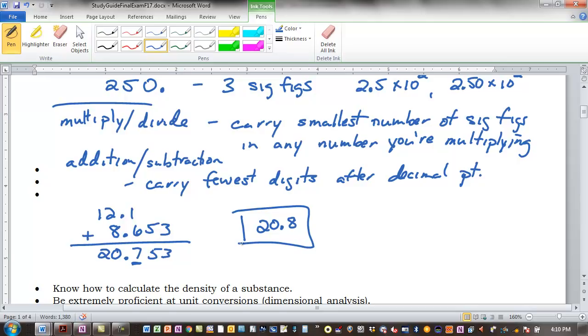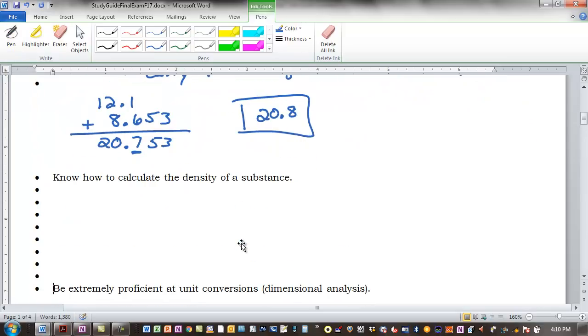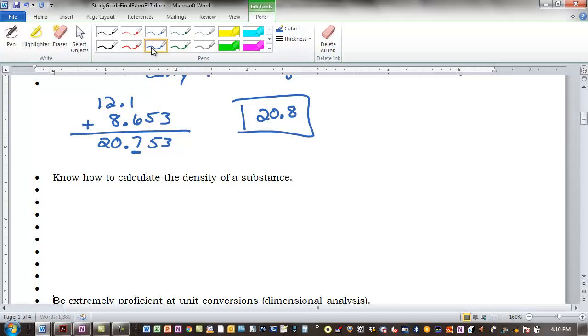Another thing in Chapter 1 was density. So by definition, density is what? Mass per volume. This is probably on the equation sheet, but you should know this. So certainly, given mass and volume, you should be able to calculate a density, or you might be given density and volume and asked to calculate mass, or density and mass and calculate volume.